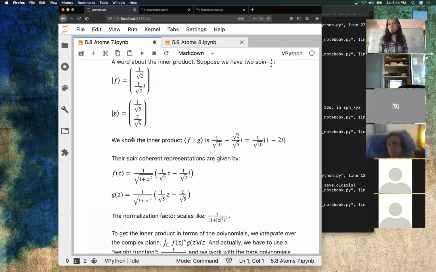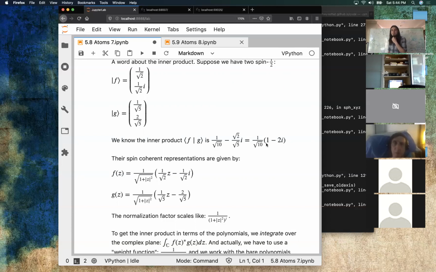Now we know how to take the inner product, right? It's easy. We just take the conjugate of f, then pairwise multiply it by the elements of g. And we get 1 over square root of 10 minus square root of 2 over square root of 5 times i, which is just 1 over square root of 10 times 1 minus 2i. Okay? So that's easy enough to do.